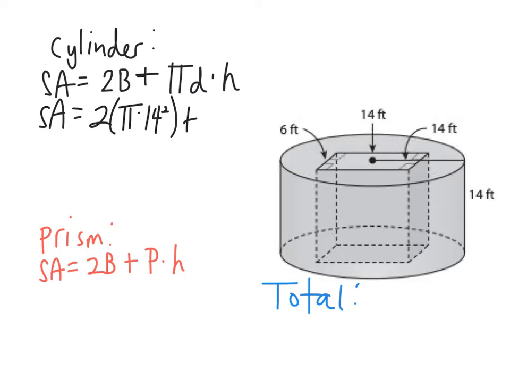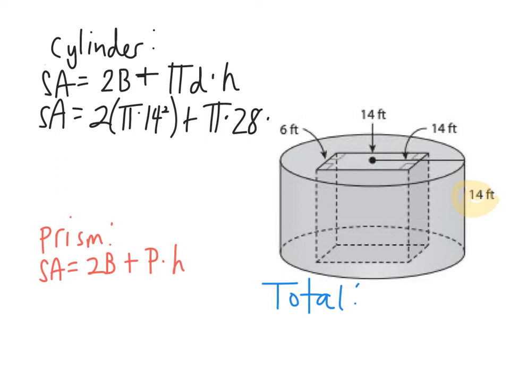You may recall from one of the activities in GeoGebra that the lateral surface area is calculated that way. Pi times diameter is the circumference of the cylinder, which also happens to be the width of the lateral surface area. If I rolled it out, it would be the length of the circumference of the base. And so it would be pi times 28 times the height of the cylinder. And the height of the cylinder is 14, the distance between the bases.